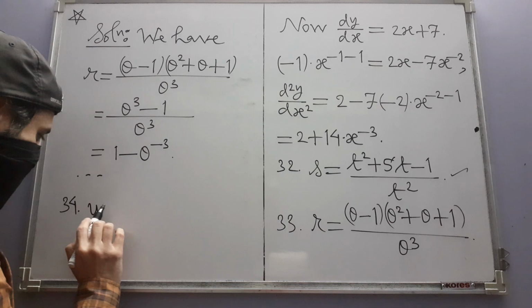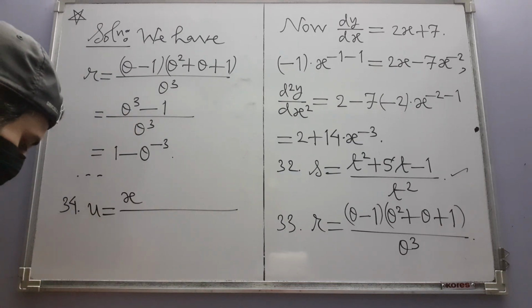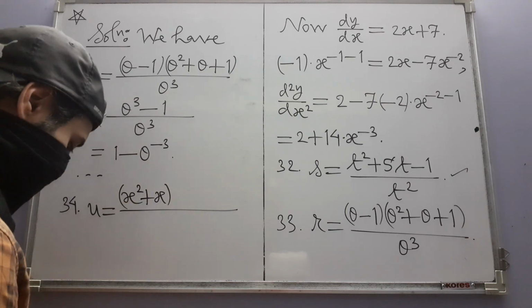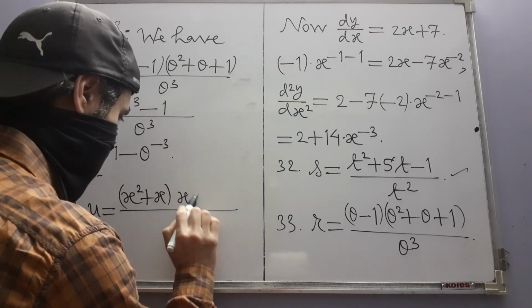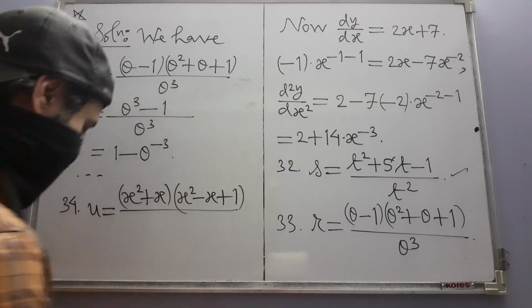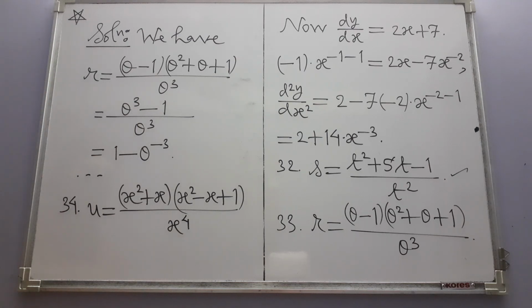Here we have u equal to x squared plus x times x squared minus x plus 1 divided by x to the power 4.